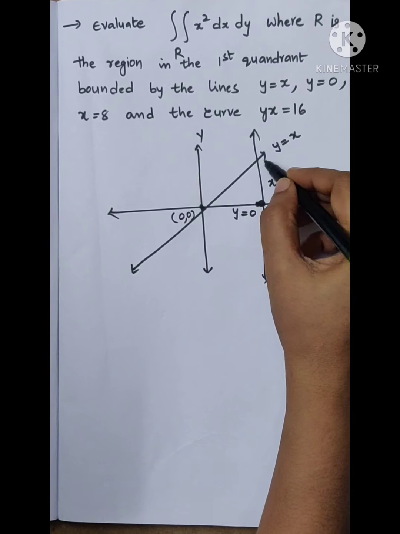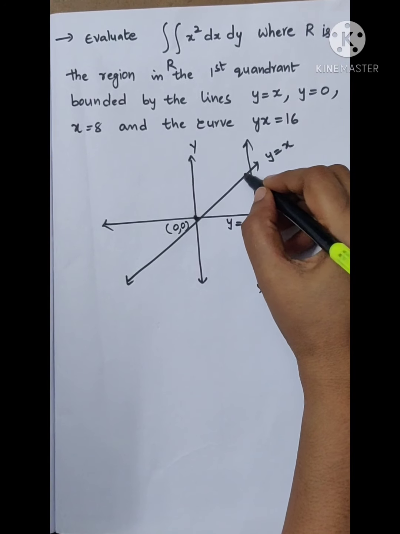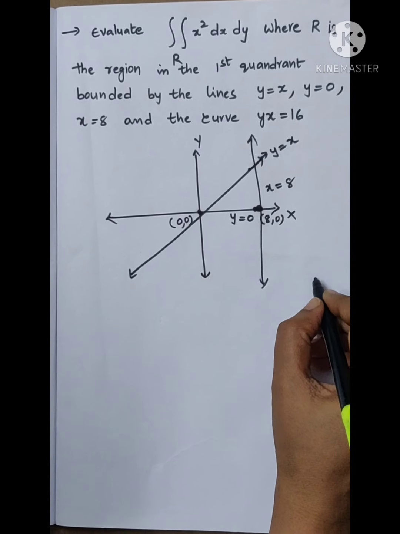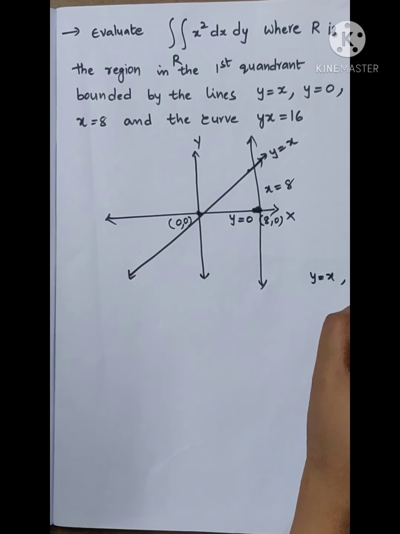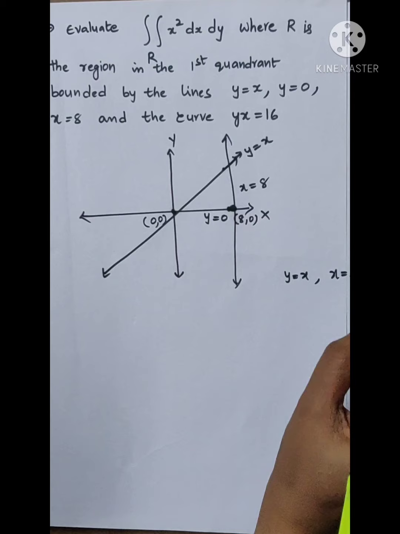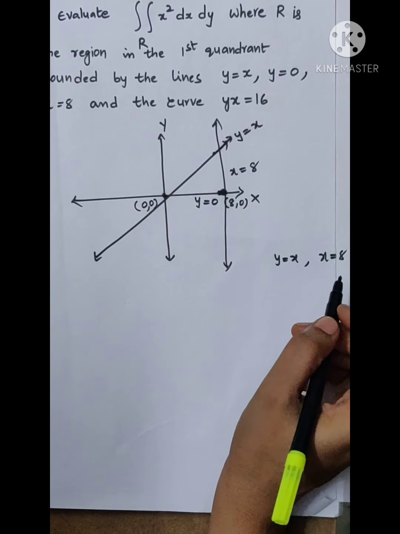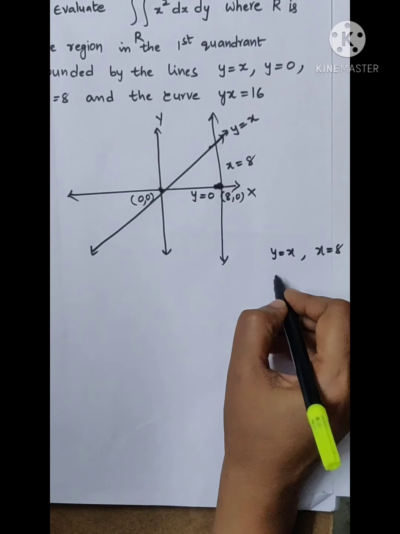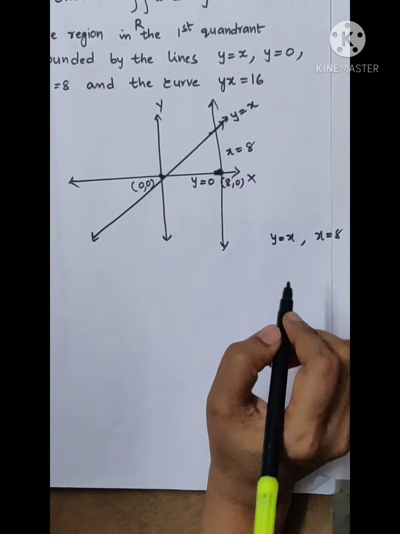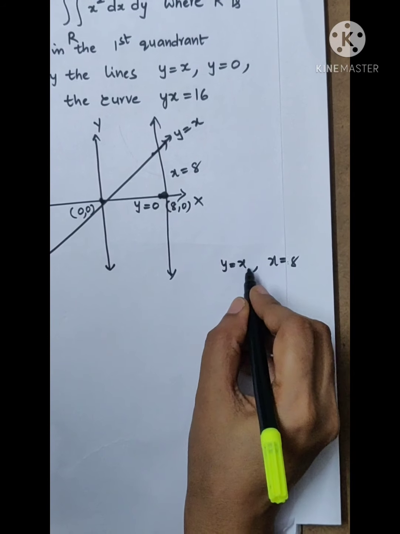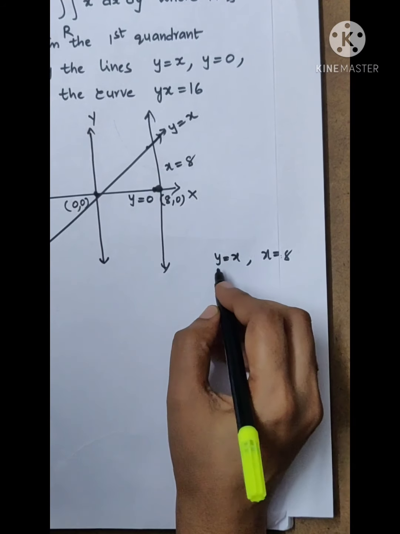Clearly x equal to 8 is intersecting the line y equal to x. Solve y equal to x and x equal to 8.